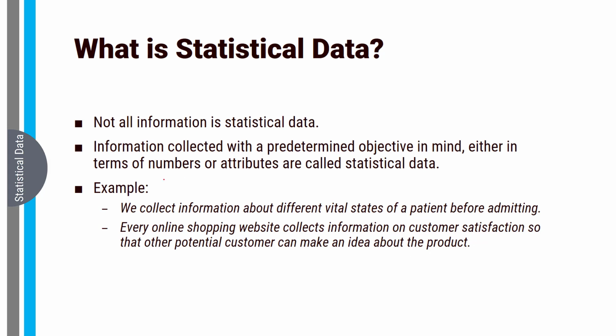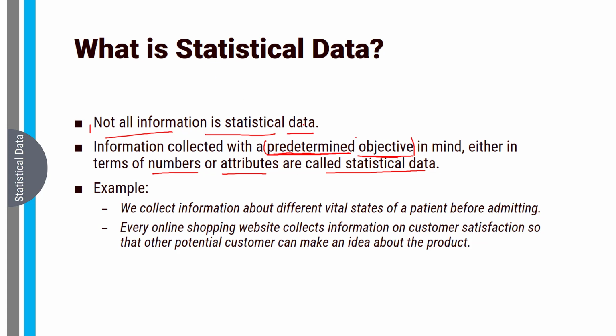So what is statistical data? Not all information that you gather is called statistical data. That you should remember. Information collected with a predetermined objective in mind, either in terms of numbers or attributes, is called statistical data, right? So you should emphasize this phrase, predetermined objective.